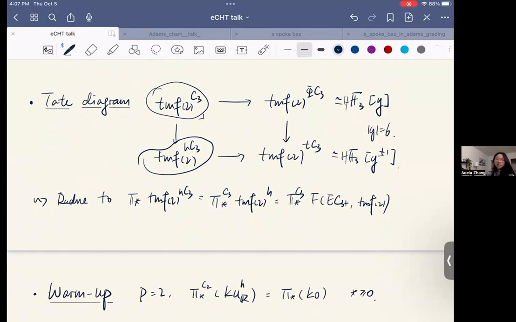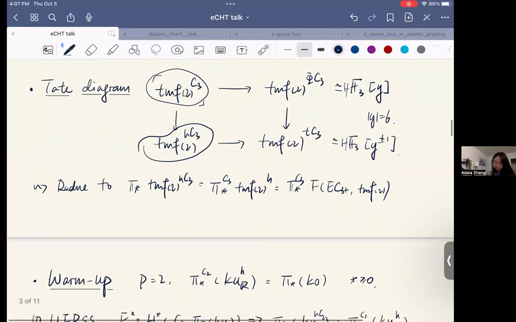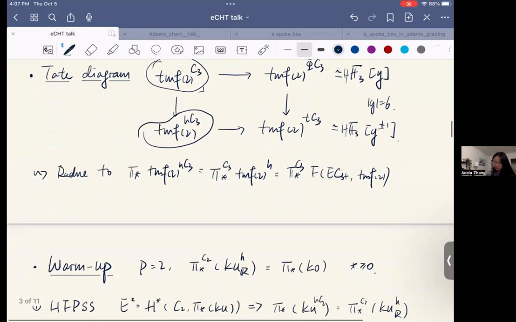So there's an obvious thing to do here, which is the homotopy fixed point spectral sequence. And this is probably the first example in any computational equivariant homotopy theory course. The homotopy fixed point spectral sequence goes from the C2 group cohomology with coefficients in the homotopy groups of KU, and converges to the homotopy group of the homotopy fixed points of KU, which is the C2 homotopy group of KUR Borel-ified.